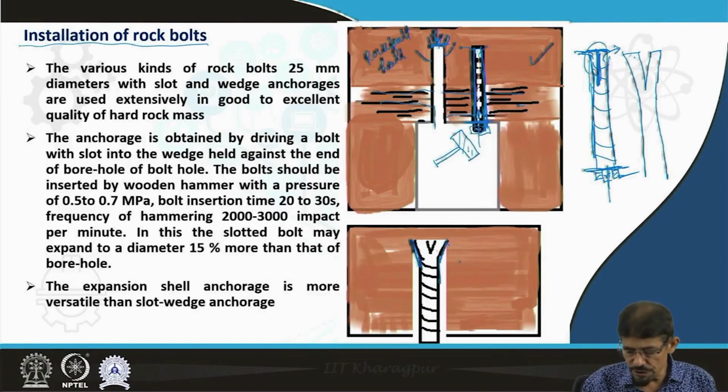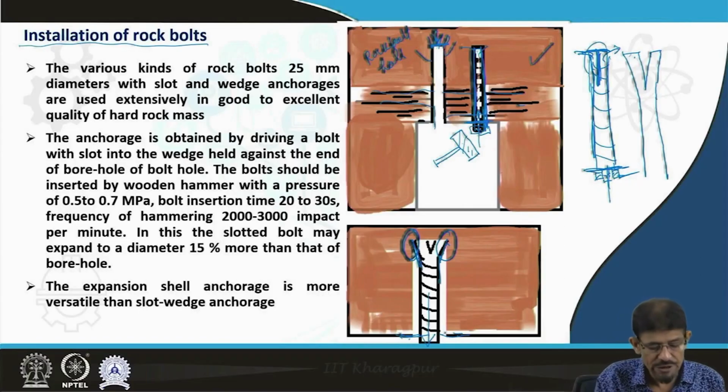Due to this, there is a development of frictional resistance, which does not allow the movement of the bolt, following the gravitational pull, toward the bottom side, and in this way the bolt enhances support.